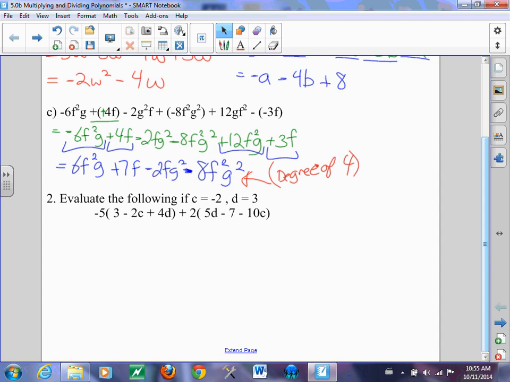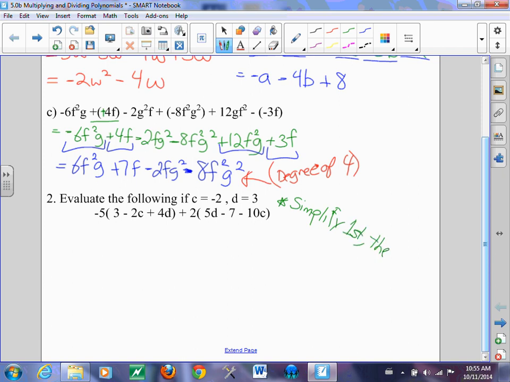All right, last one. Evaluate the following if C equals -2 and D equals 3. Make sure you remember to simplify first. Then substitute.